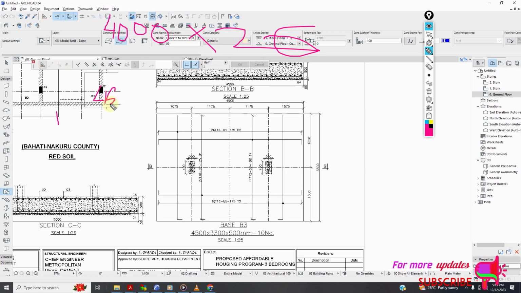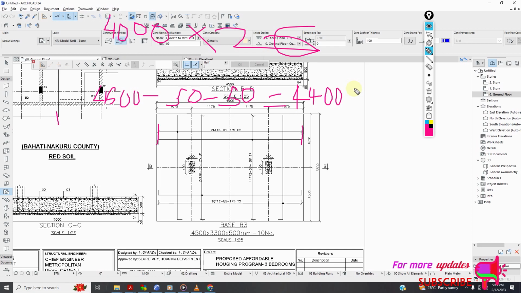So it would be now 4500 minus 50 minus 50, which is now this clear cover here, and this clear cover here, which is 50/50. Now it will be 4400. Yeah, 400.